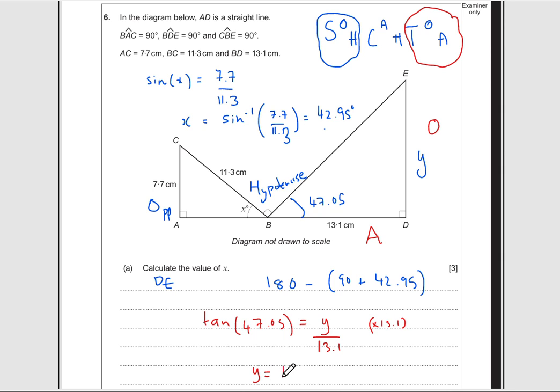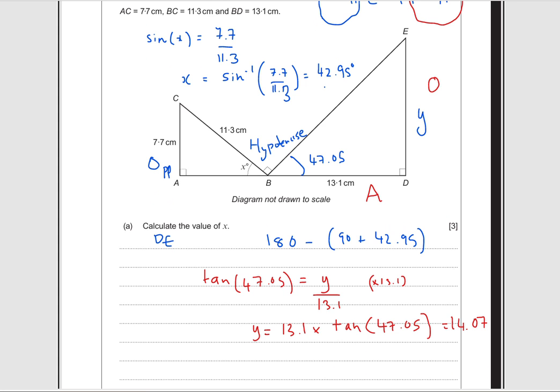So I'm going to have y is equal to 13.1 times tan 47.05. And that's going to give me an answer of 14.07 to 2 decimal places. In centimetres. It was good to include the units wherever they're provided.